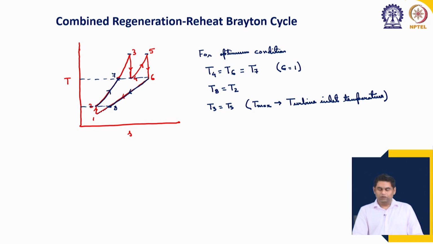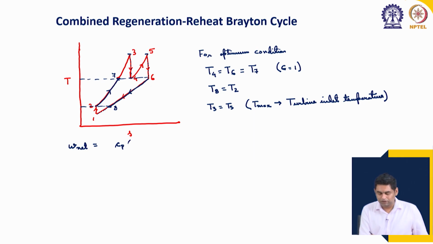Now the analysis is similar to all the previous cases. In this case, we start with the net specific work output. This has two components, as we know already. One is the high pressure turbine expansion, another is the low pressure turbine expansion, and then we have to subtract the compressor work, the work required for running the compressor.